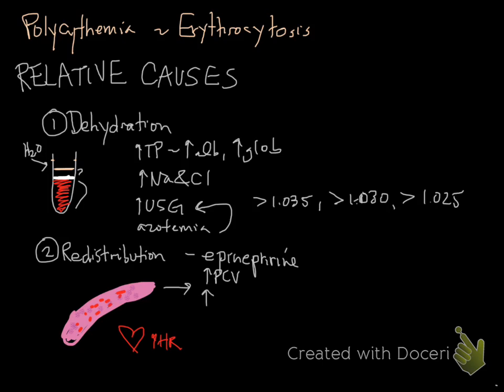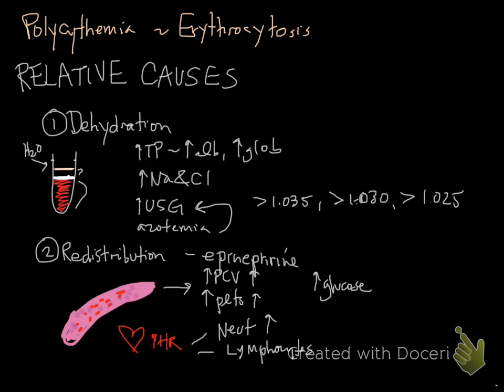You also get an increase in the numbers of platelets. And with the increase in heart rate, some of your white blood cells that hang out on the walls of your blood vessels are released. So you can see an increase in mature neutrophils, and your lymphocytes also can increase due to different mechanisms. So increase in lymphocytes, increase in mature neutrophils, platelets, PCV, and you can also see an increase in glucose.